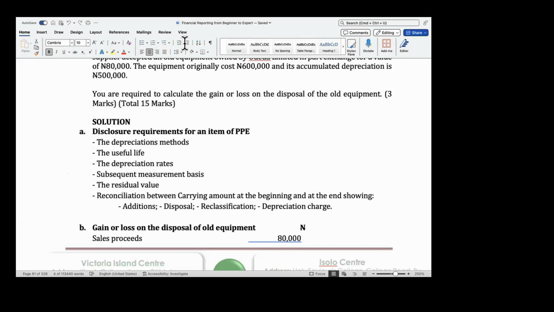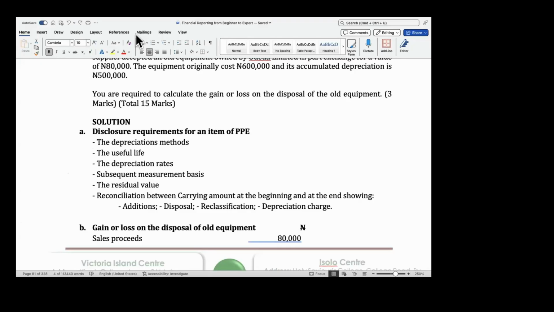Any other question? Yes, sir. Yeah, Oliver. I just want to add, I think it's a general thing, and it has been a source of concern to me. When we are preparing the income statement and we add depreciation to it, if the depreciation is, take for example, 15 million naira, that depreciation has reduced the profit for that year by 15 million naira, and invariably it will reduce the equity.